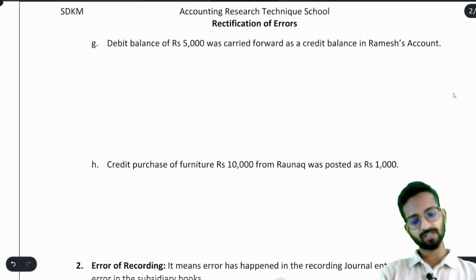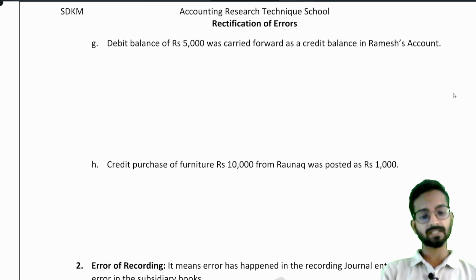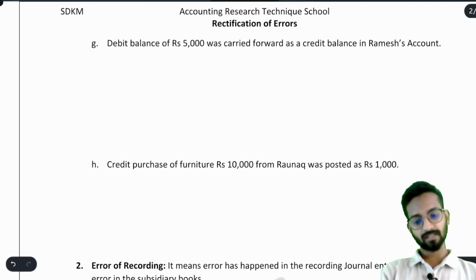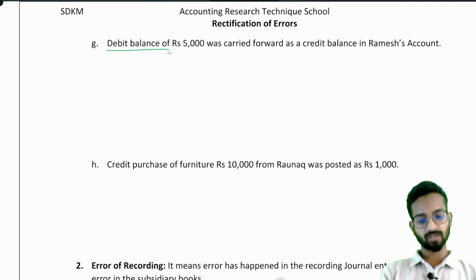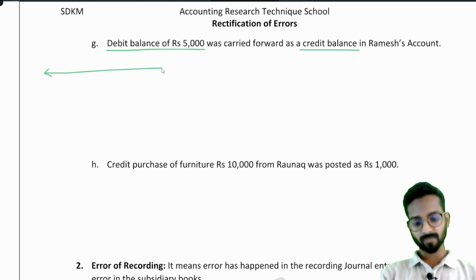Now after this, debit balance of rupees 5,000 was carried forward as a credit balance in Ramesh's account. What does it mean? Understand this. They are saying actually the balance was 5,000 rupees on the debit side, but we took it as a credit balance. Now I can say, suppose this is my number line, 0.